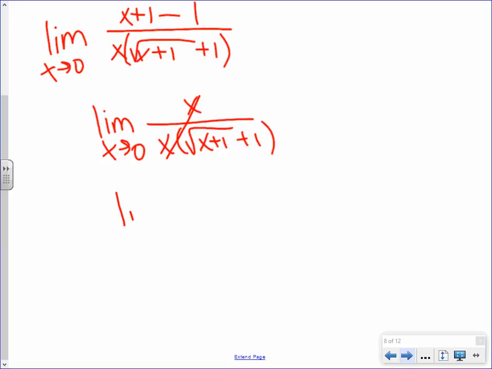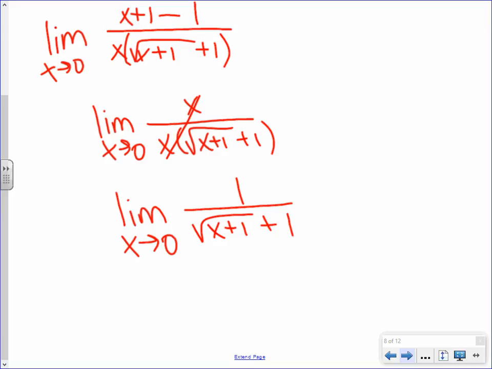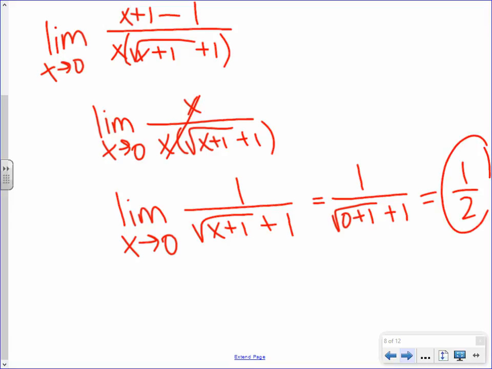So now we have the limit as x approaches 0 of 1 over that weird conjugate. And now we can plug in that 0 value and not have an issue. I think you can have radicals in the denominator or something. Does my answer have a radical in the denominator? It was not. Okay.